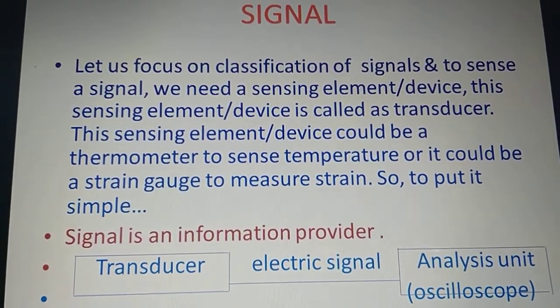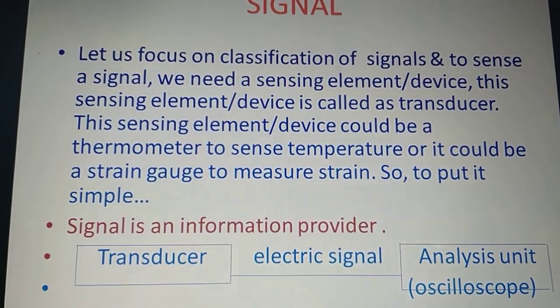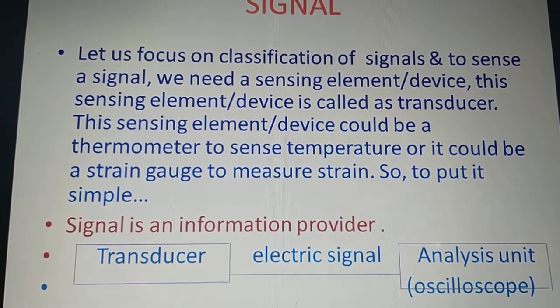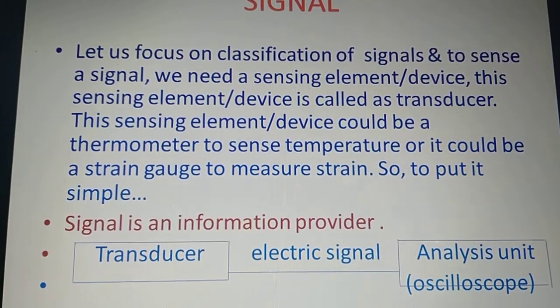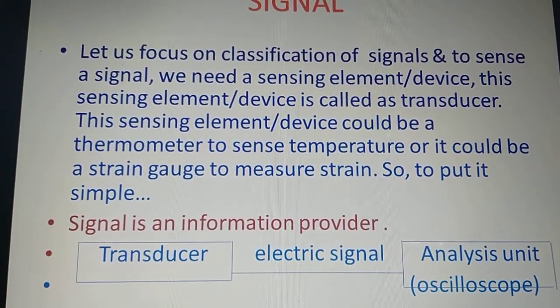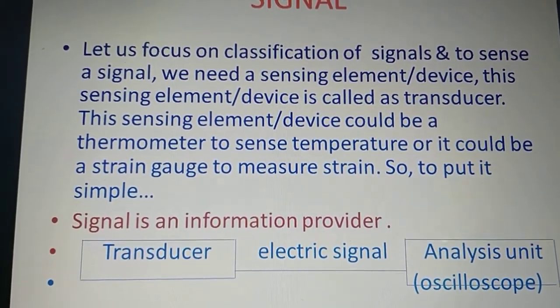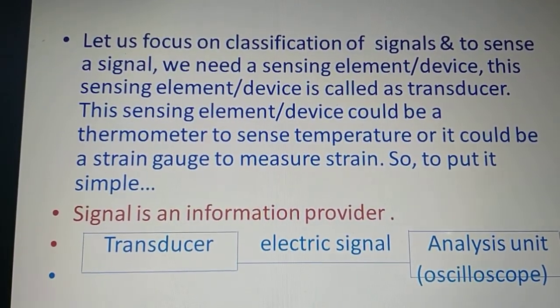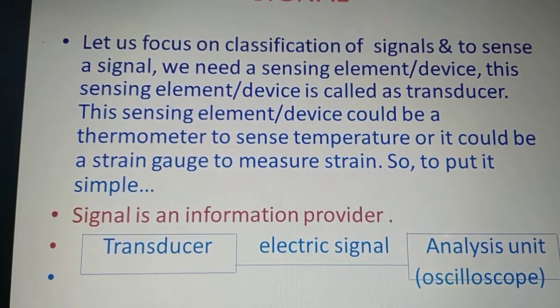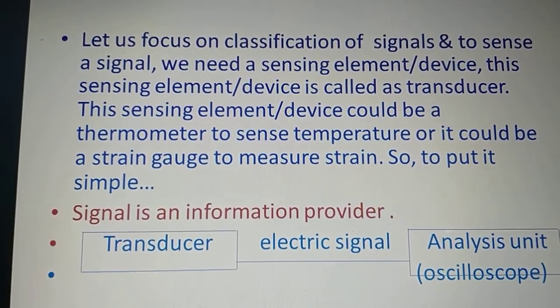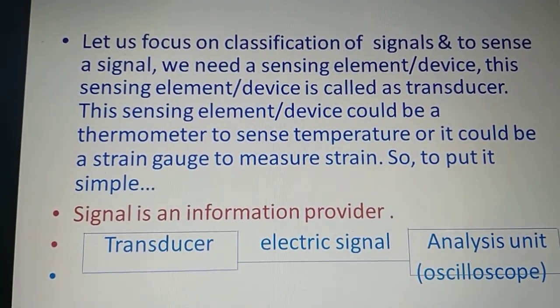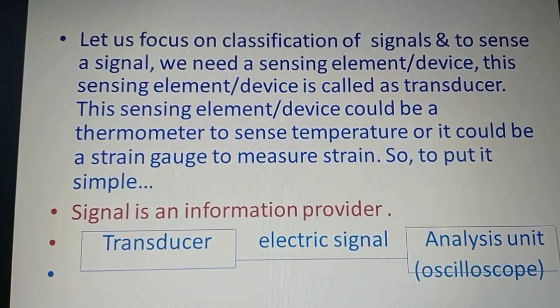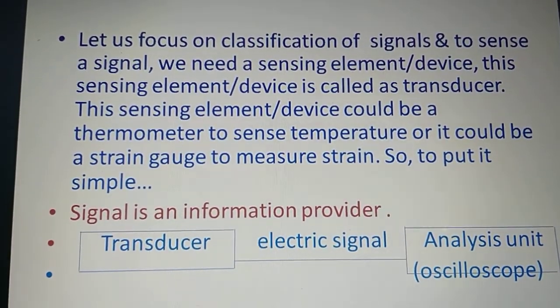Now let us focus on the classification of the signals. To sense the signal we need a sensing element or a device. This sensing element or device is called a transducer, and it could be your thermometer to sense the temperature, or a strain gauge to measure the strain.